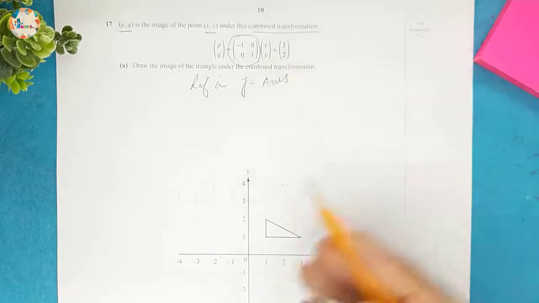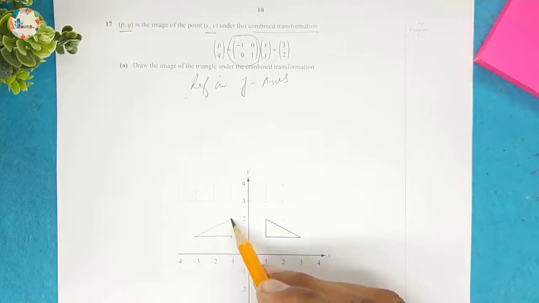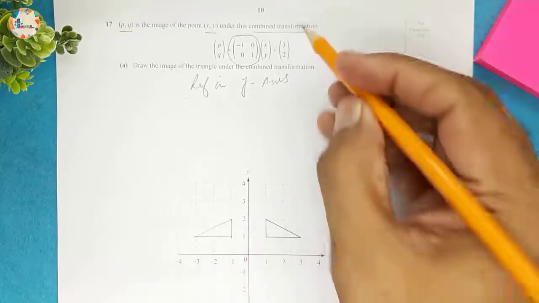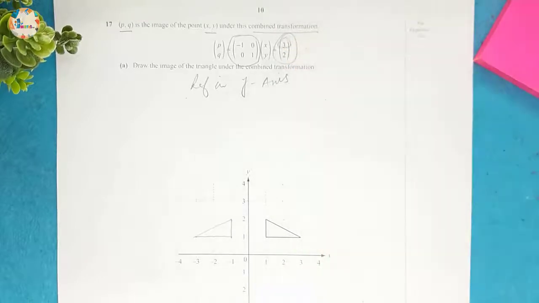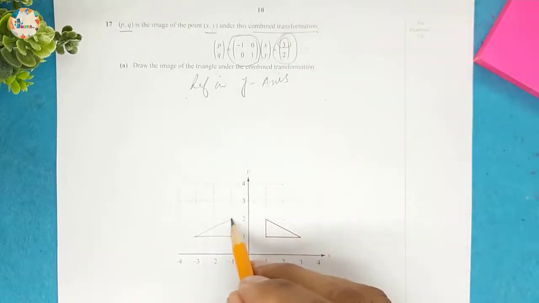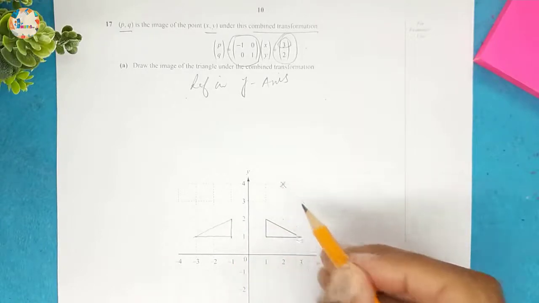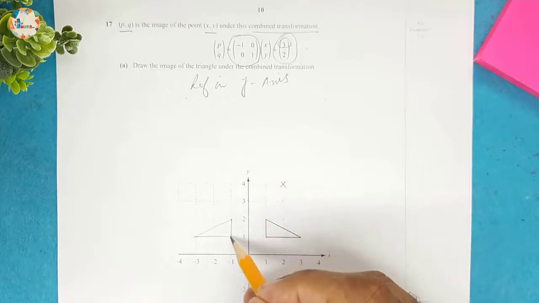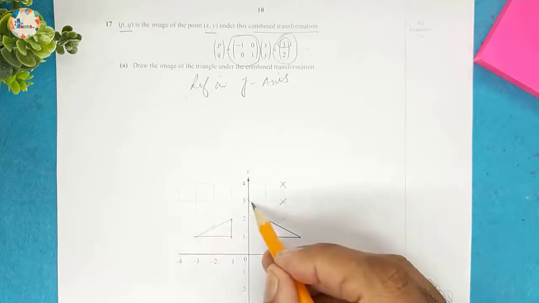So we will first reflect, so the reflection will result in this triangle, and after that we will have to do this translation, which is 3 units right and 2 units up. So this point will be 1, 2, 3 units right and 1, 2 units up. So this will reach over here, and similarly this point will reach over here, and this point will reach over here.